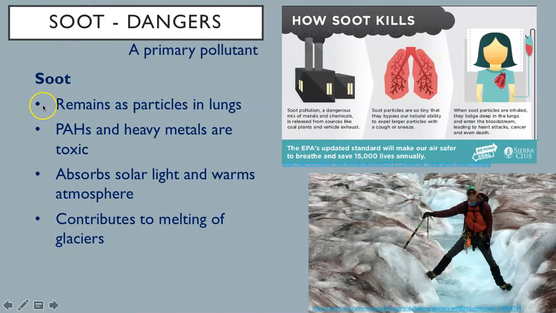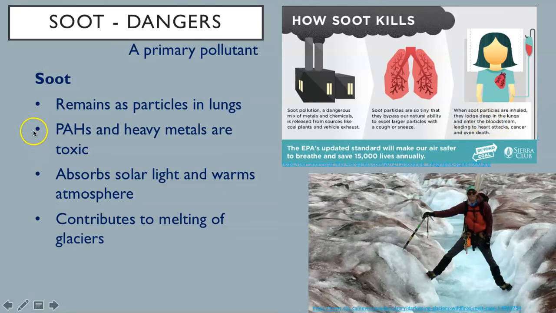Since soot particles are so tiny, they bypass our natural ability to expel larger particles through coughing and sneezing. And since soot particles are not water-soluble, when they are inhaled, they lodge deep in the lungs and enter the bloodstream, leading to heart attacks, cancer, and even death.